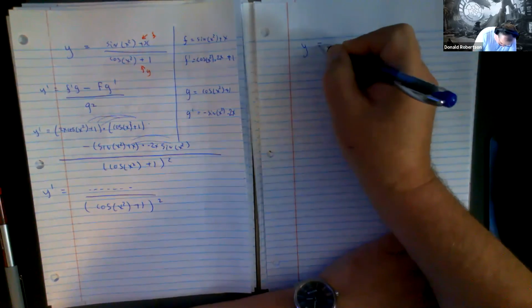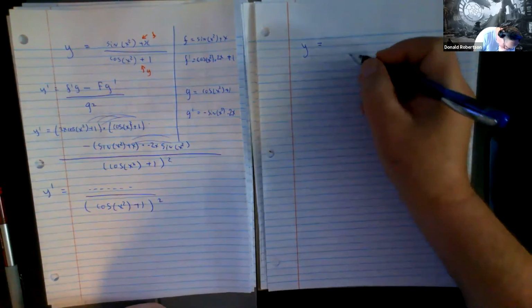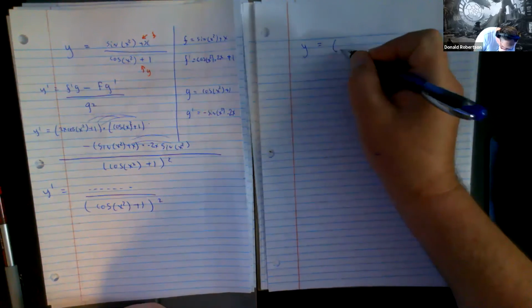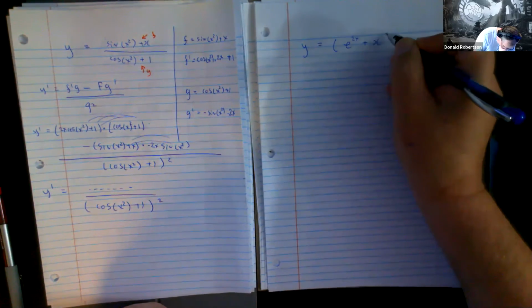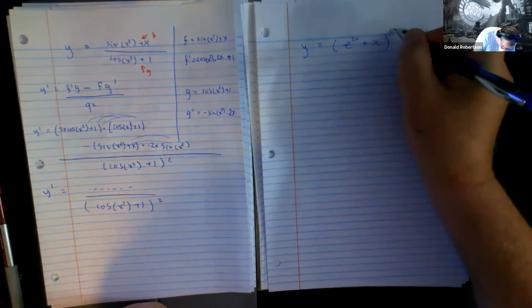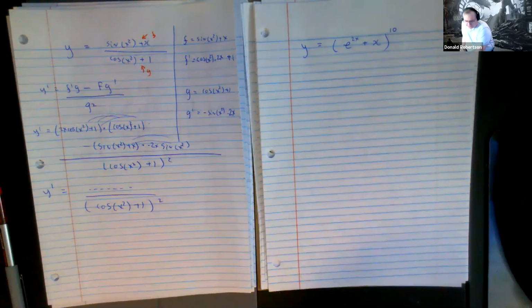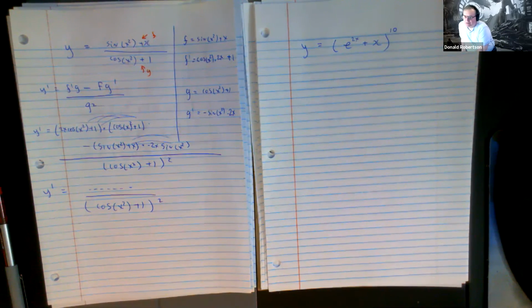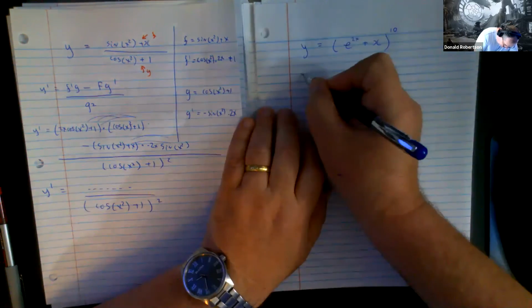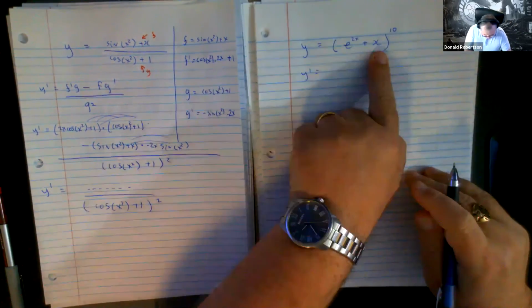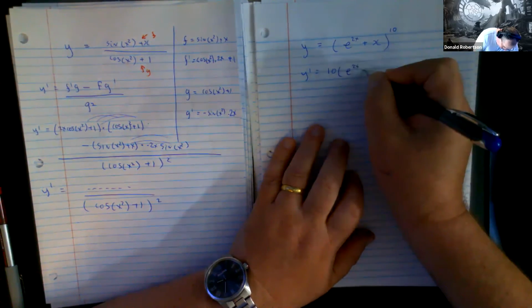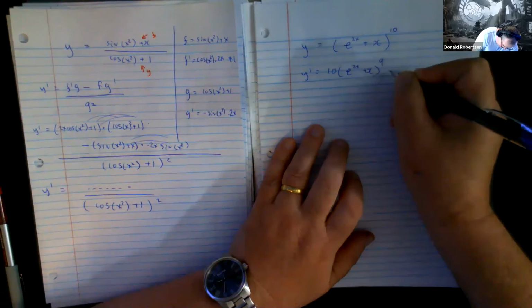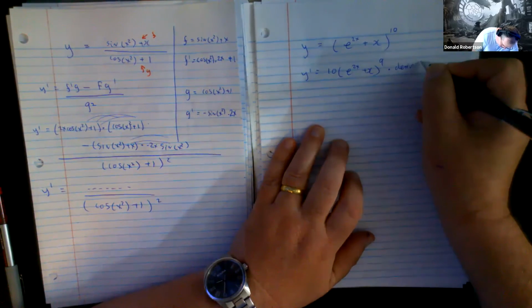Y equals... Something to the power of 10 doesn't look too bad. 10 somethings to the power of 9 times the derivative of that something.